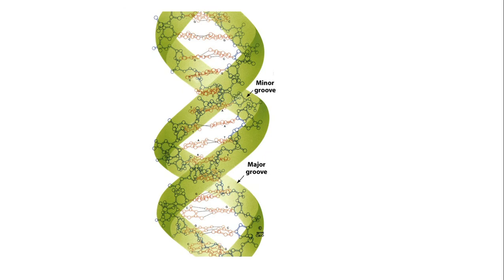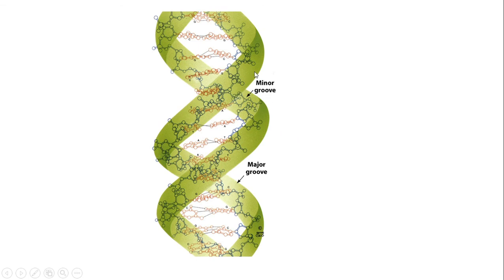This is a blow-up of the double helix, which shows a minor groove and a major groove. And while you're responsible for minor and major grooves, I just want to point out a couple of other pieces of information. Keep in mind that the backbone is going to be negatively charged.